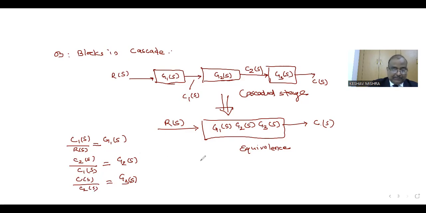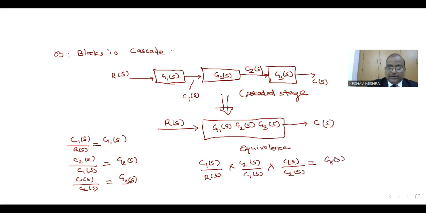So these can be multiplied: C1(s)/R(s) into C2(s)/C1(s) into C(s)/C2(s), that is equal to G1(s) into G2(s) into G3(s).